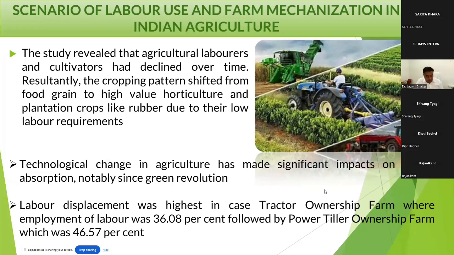States like Punjab and Haryana have the highest mechanization rates, as land availability is in large amount. So Punjab and Haryana have a huge scope for mechanization, and there we can use bigger machineries like harvesters.